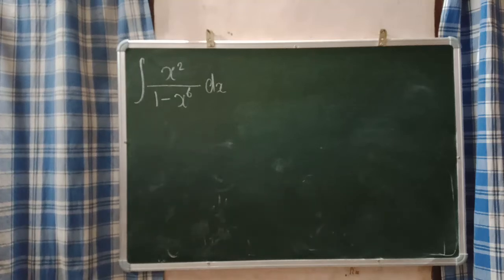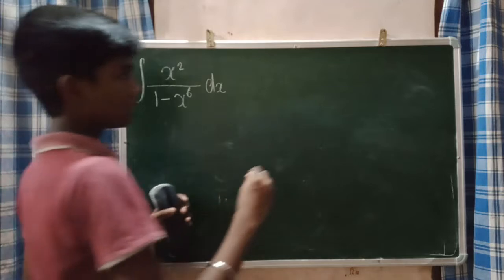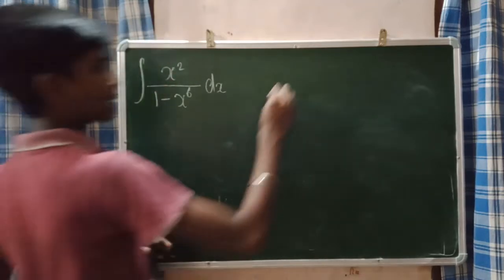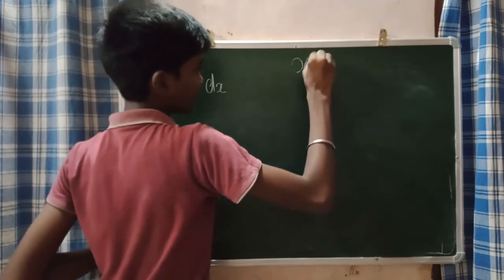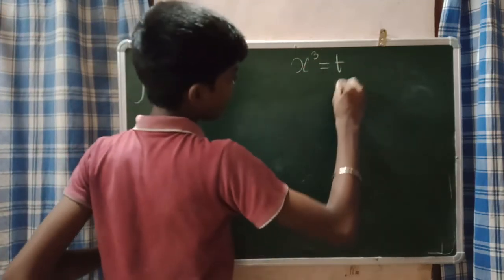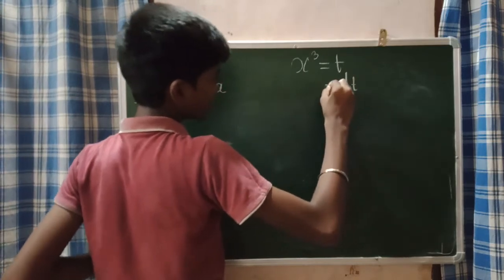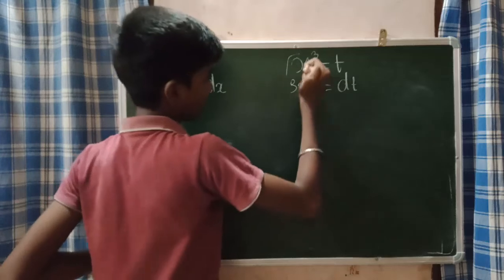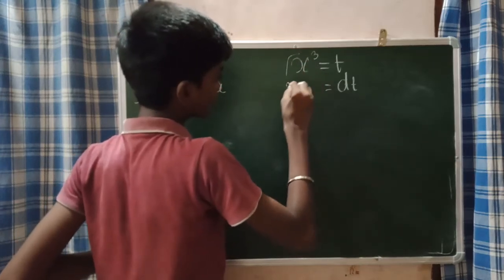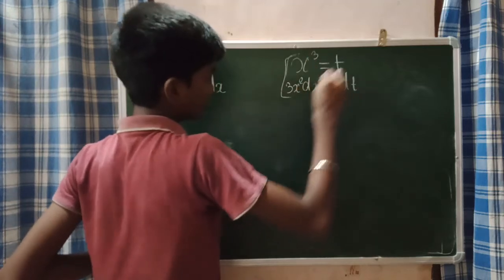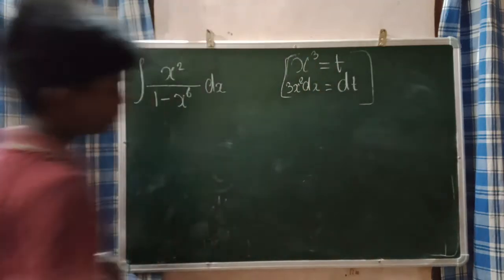First, I'm going to take your x cube as t. When you take x cube as t, then your dt will be nothing but differentiation of x cube. It is 3x square dx. And this is the substitution that I'm going to take for this question.